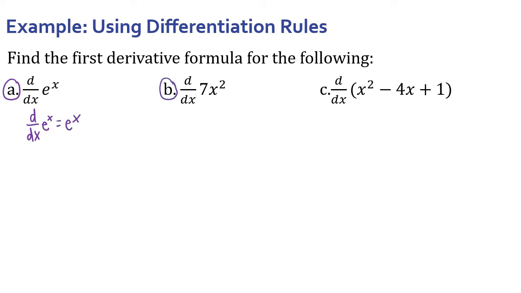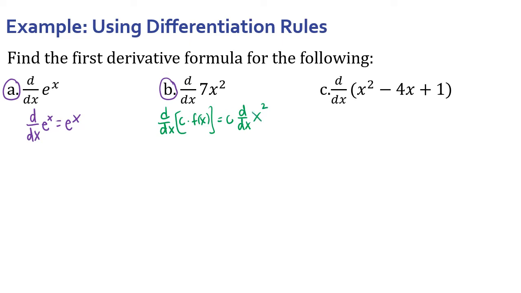All right, letter B. So here, this is going to be using that formula d over dx of a constant times a function. It means I can pull that constant in front and just find the derivative of that function.